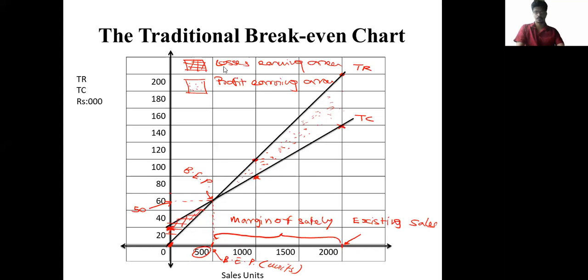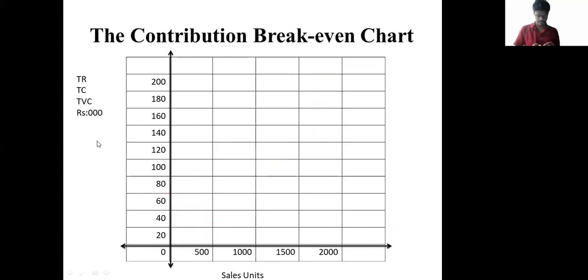Okay, let's move to the next graph actually. So now let's see how to draft the contribution break-even chart. Here, same as the traditional break-even chart, we need the total revenue curve and the total cost curve, as well as with that we need the total variable cost curve.